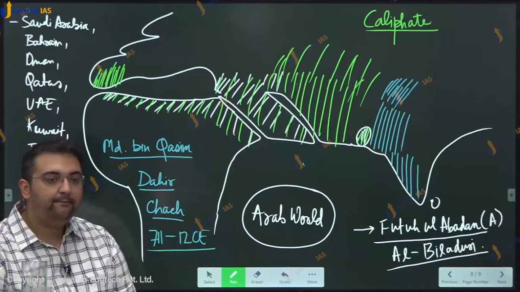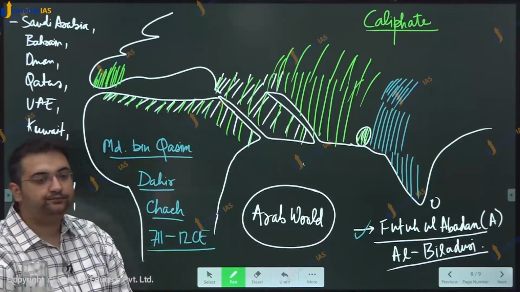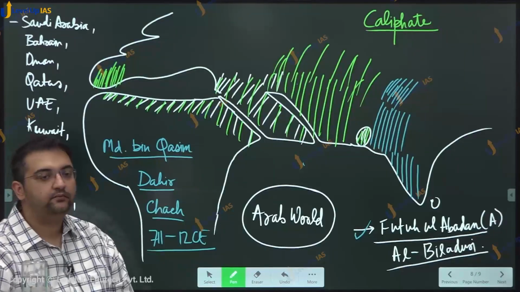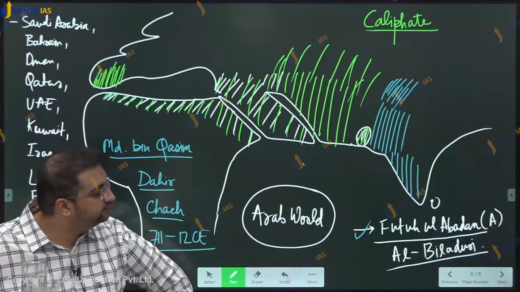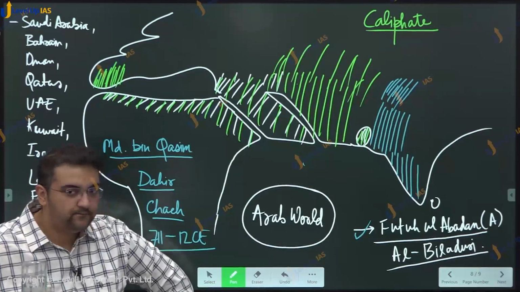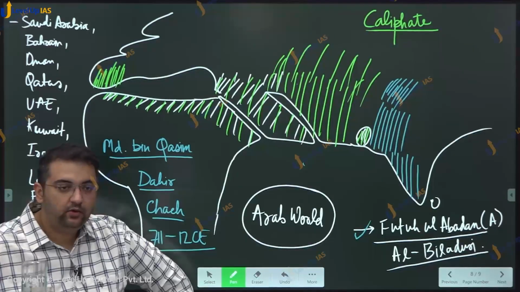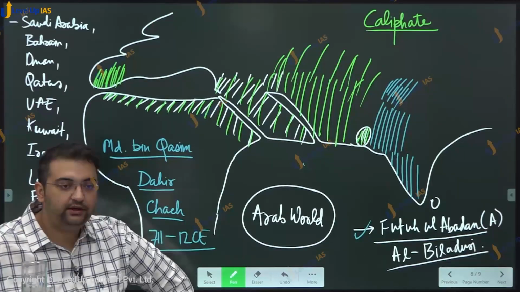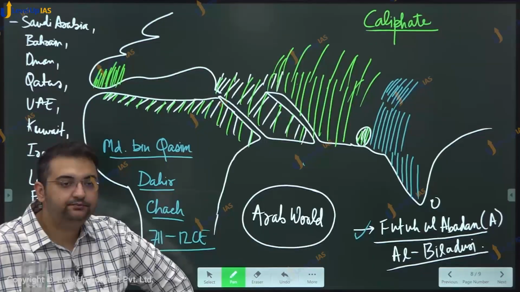A and B. A, Futuh ul Abdan, a 9th century Arabic work by the scholar Al-Biladuri, who covered the history of Islamic expansion.